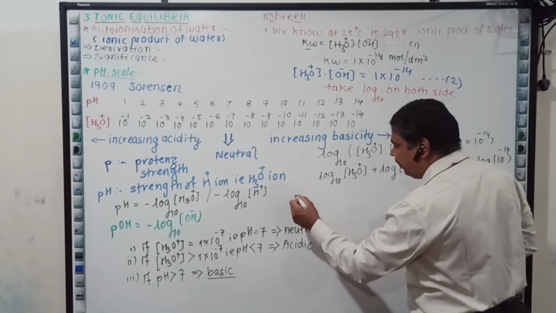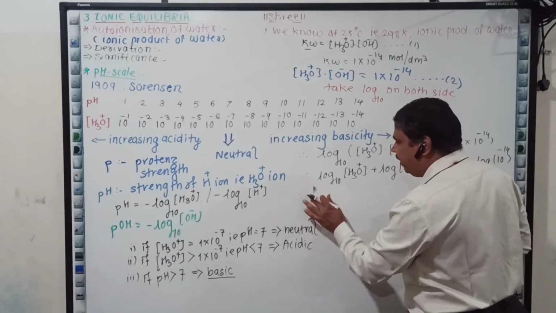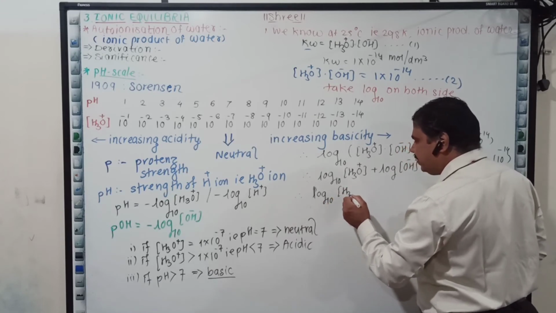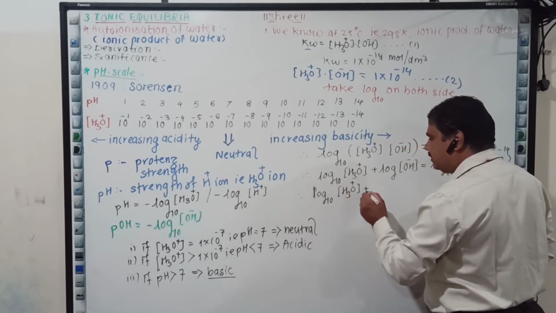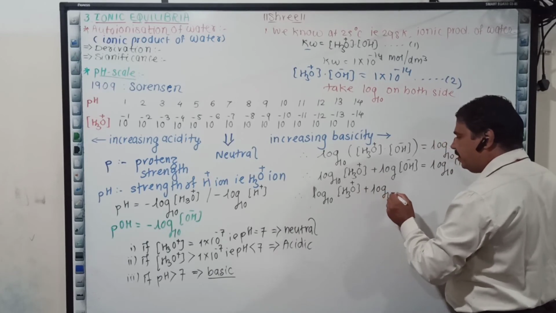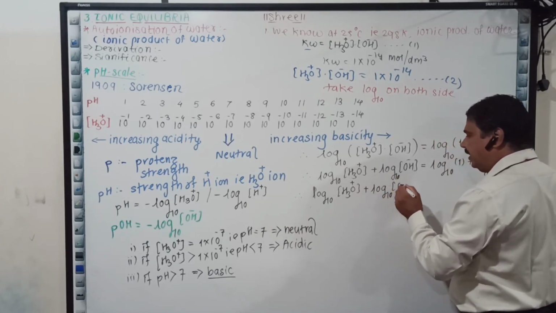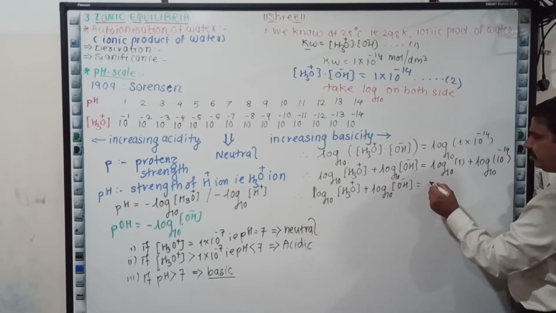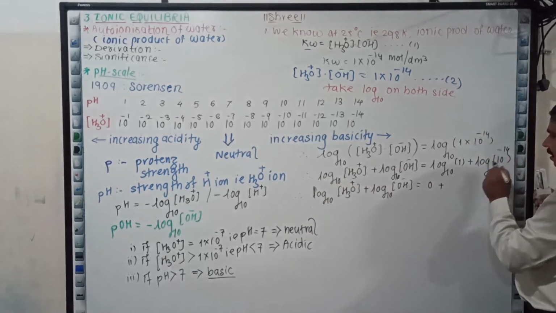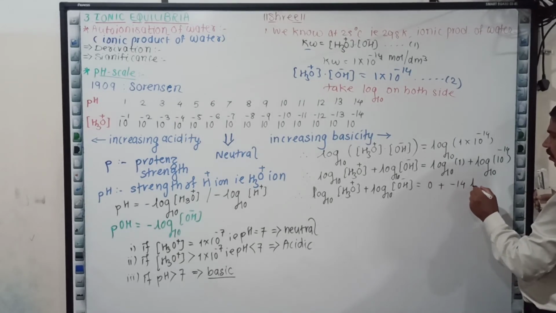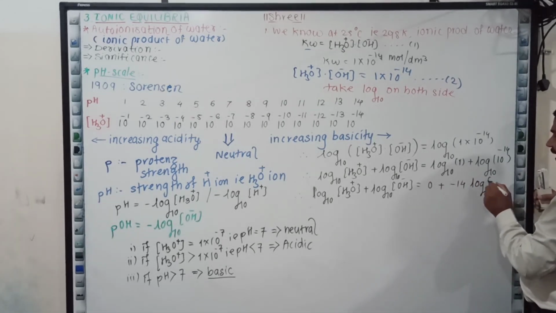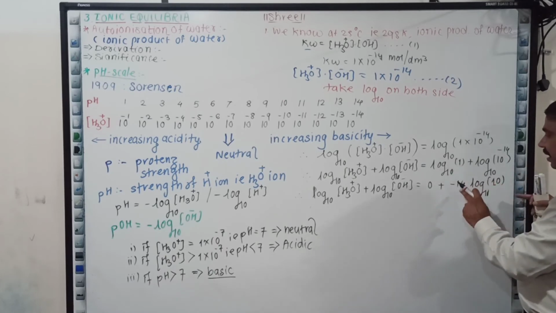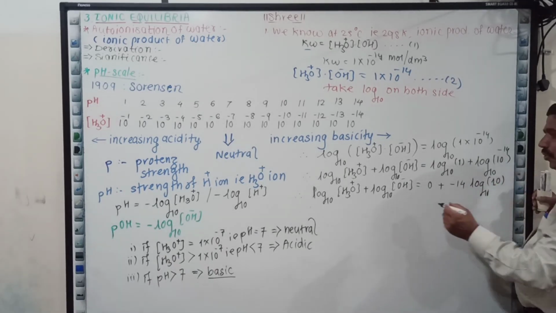That is, therefore we get log to base 10 H3O plus plus log to base 10 OH minus is equal to log 1 ची किंमत 0 plus minus 14 before log to base 10, आणि विद्यार्थी मित्रांनो log 10 ची किंमत किती 1, minus 14 into 1, minus 14.